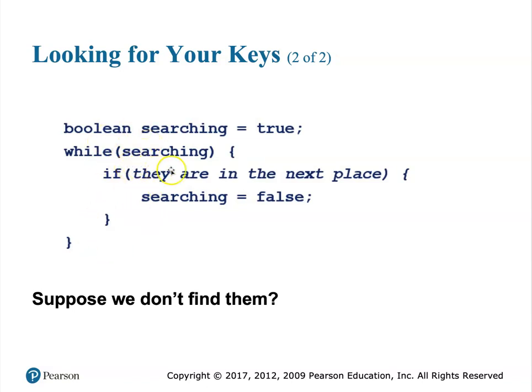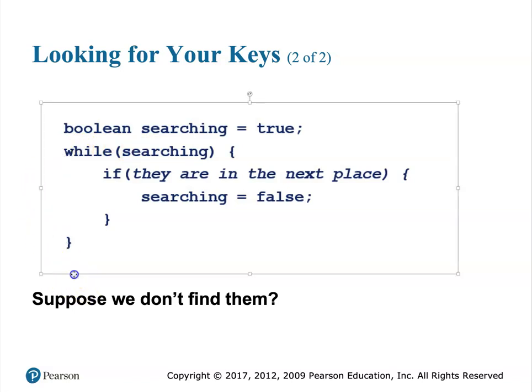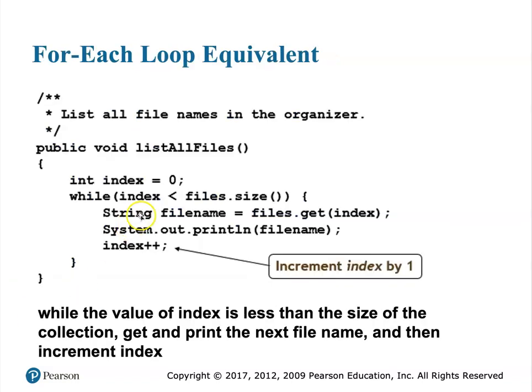It's only when we find them that searching goes to false. We come back up, searching is false. Oh, this while loop is now over. We jump past and we go to this area down here where a line doesn't exist yet.